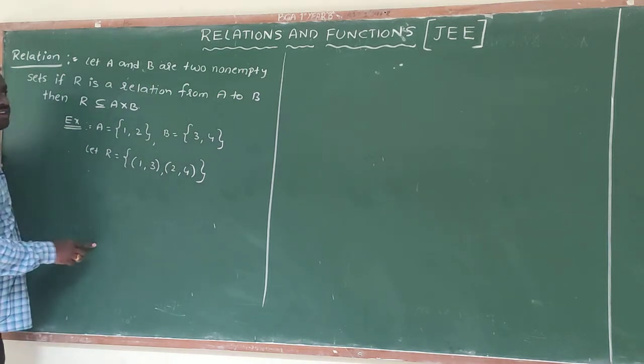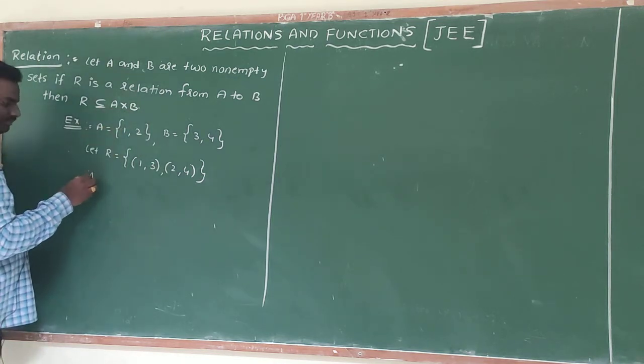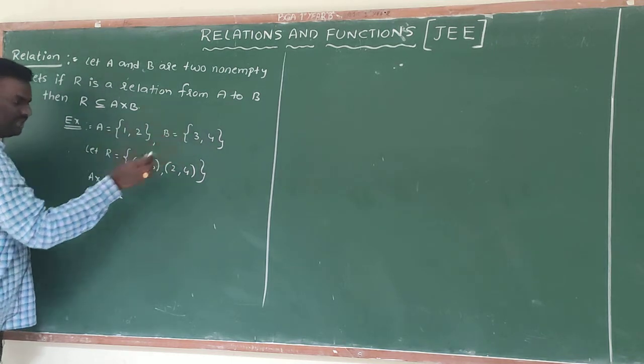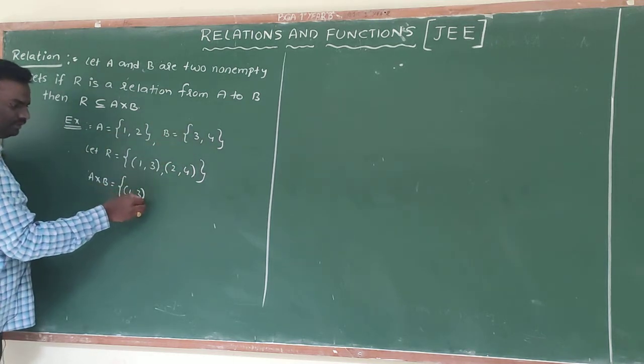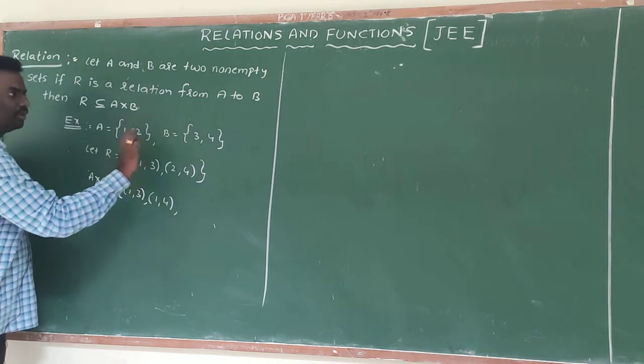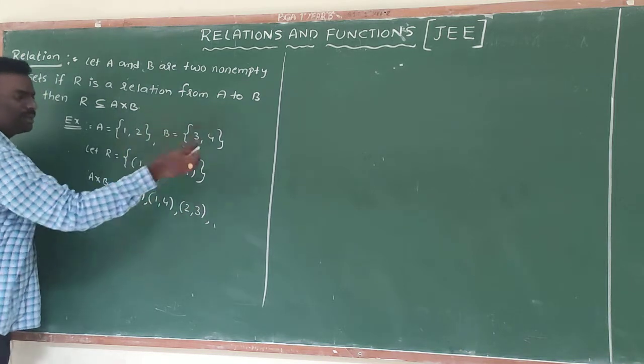First we need to verify whether this is a relation or not. First I am finding A cross B, the Cartesian product: (1, 3), (1, 4), (2, 3), (2, 4).